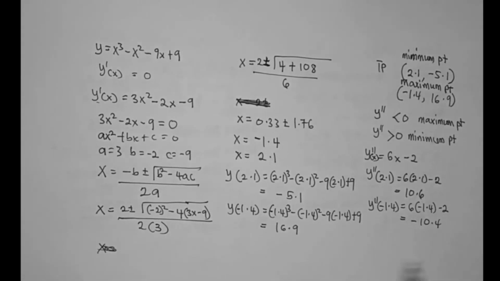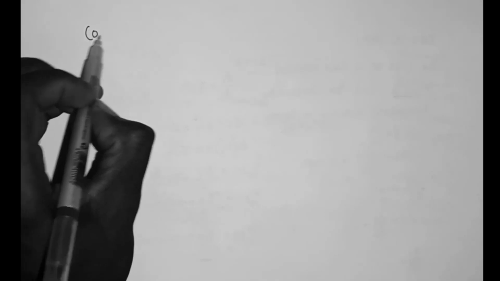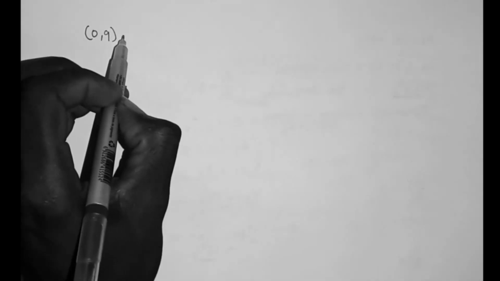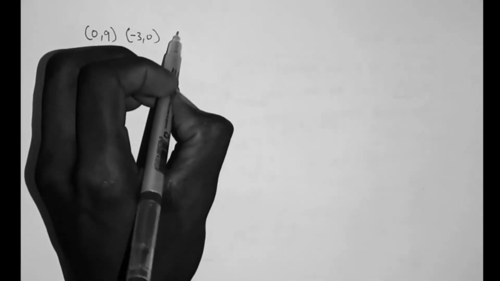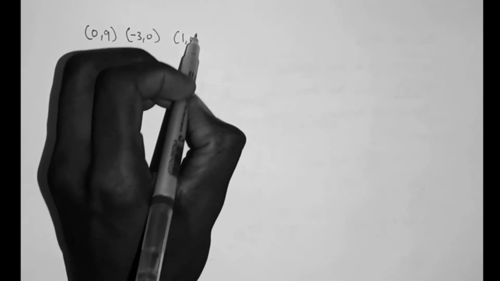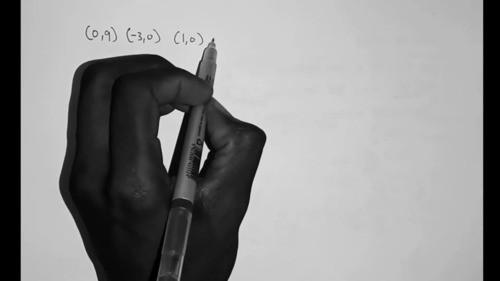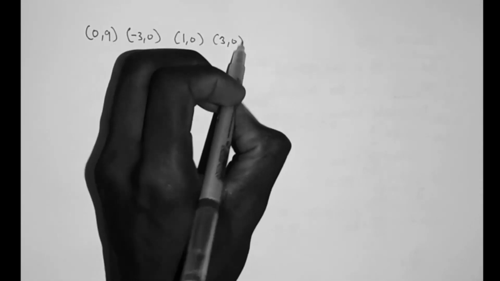So the last part of the question says we should sketch the curve. So we have the points 0, 9, and we also have the points minus 3, 0, then 1, 0, and then 3, 0.